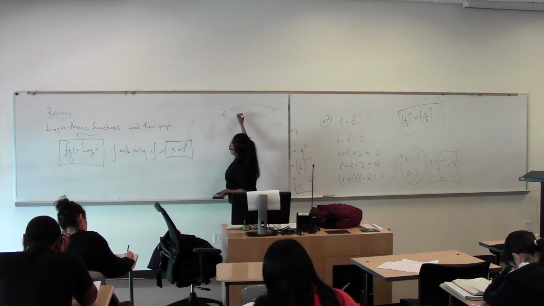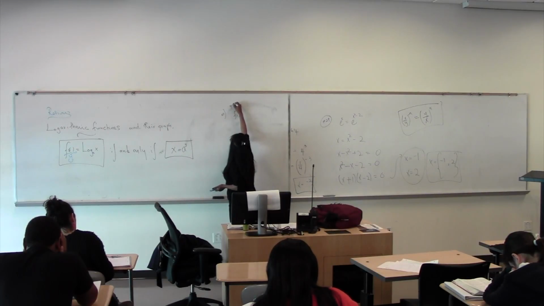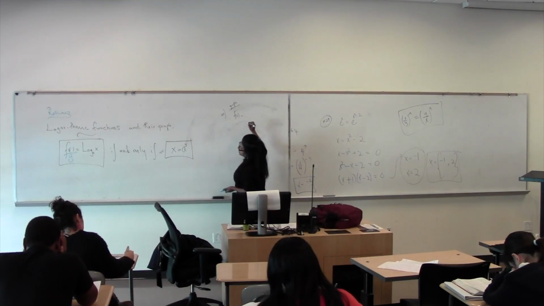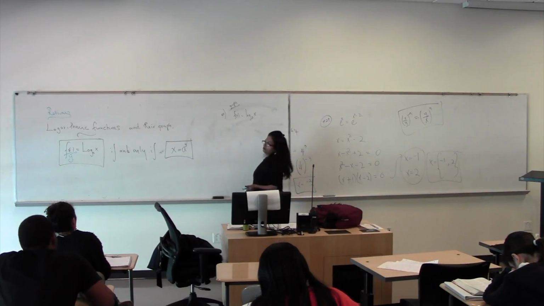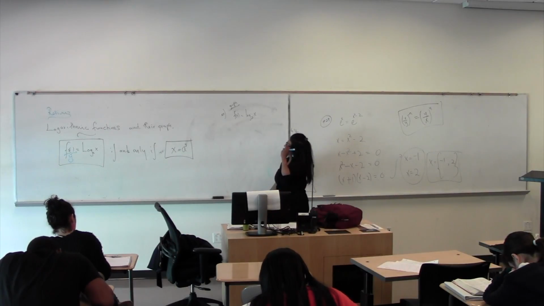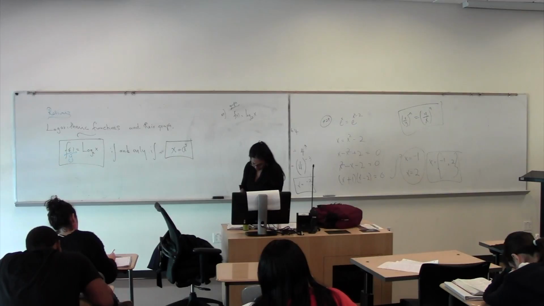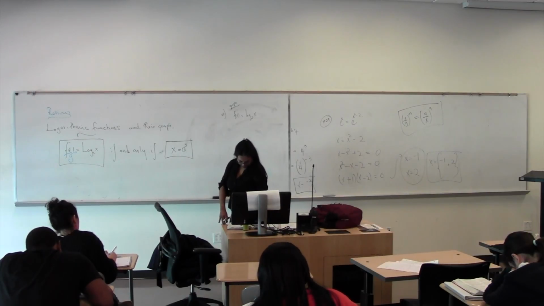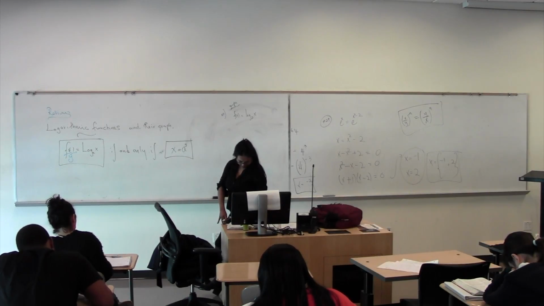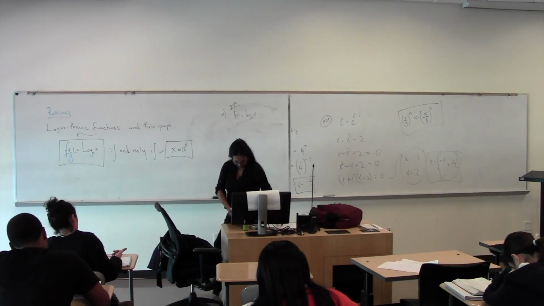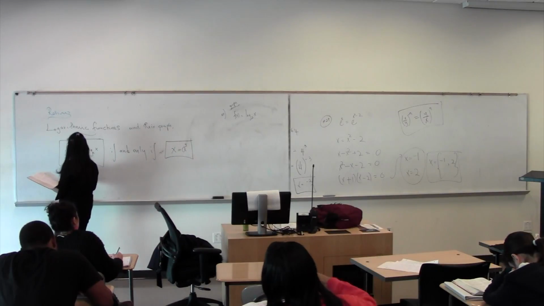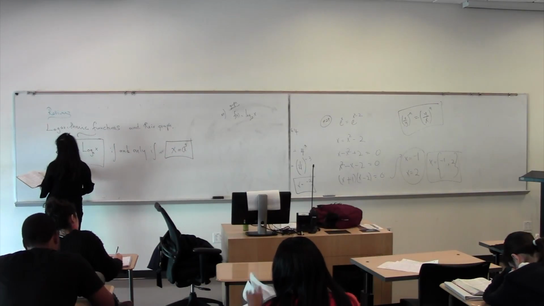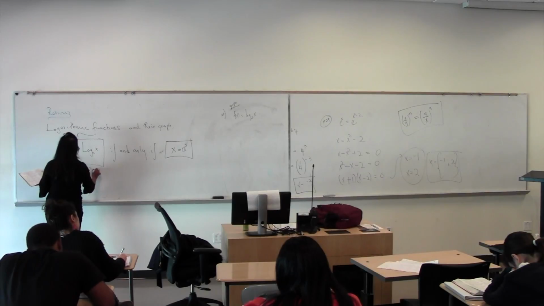For example, let's do a basic one. Graph f of x equals log base 2 of x. Now for logarithmic functions we also have to write this restriction, x greater than 0.